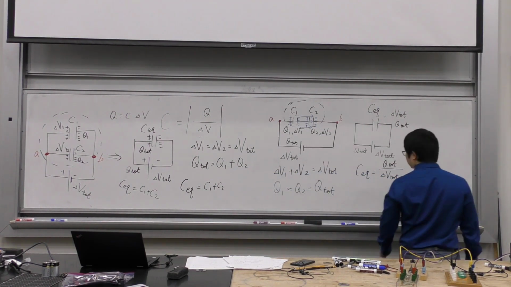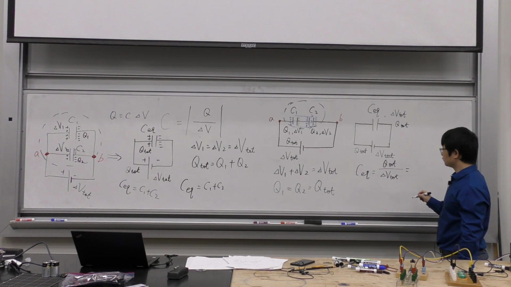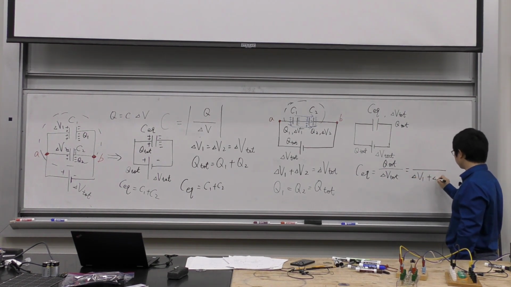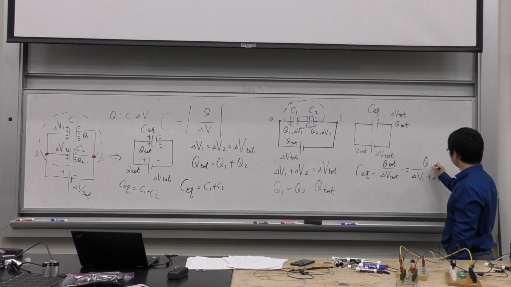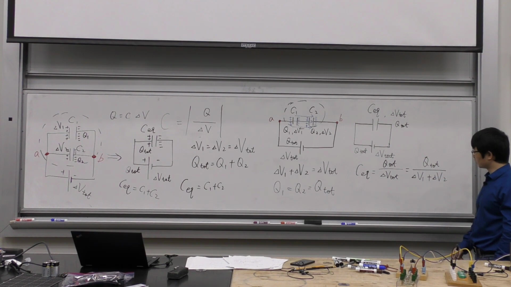Okay. Now let's make use of these two relations. I know that V total equals V1 plus V2, so I can replace this for the first step. I want to split them so I can connect them to C1 and C2 only. But if they're the denominator, you cannot split them, right?